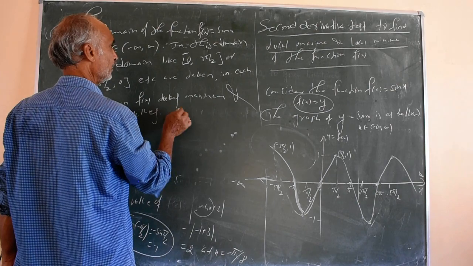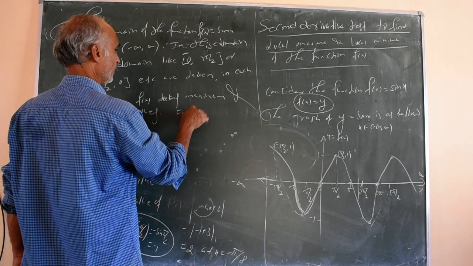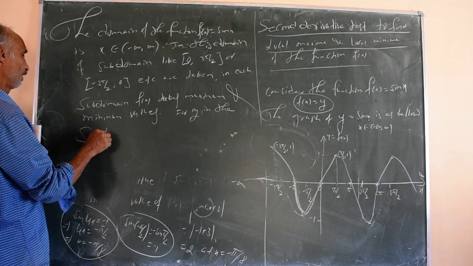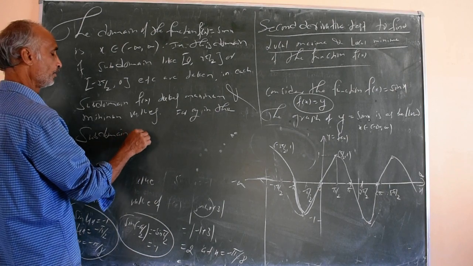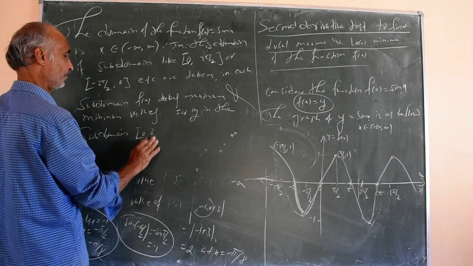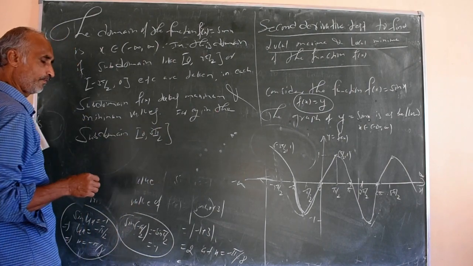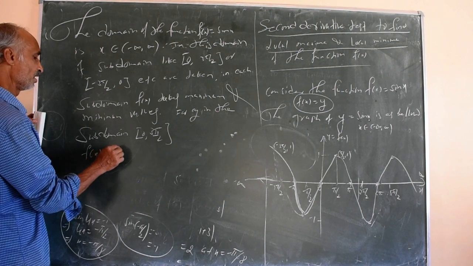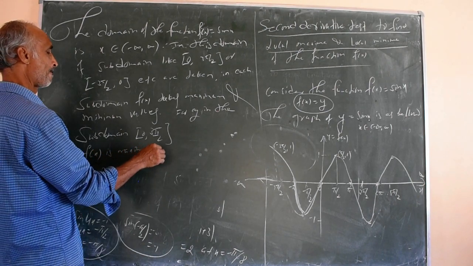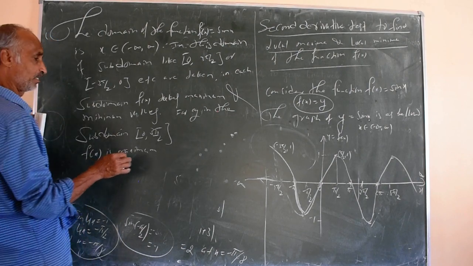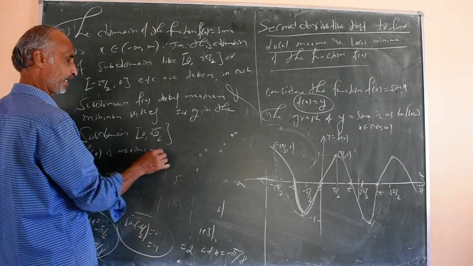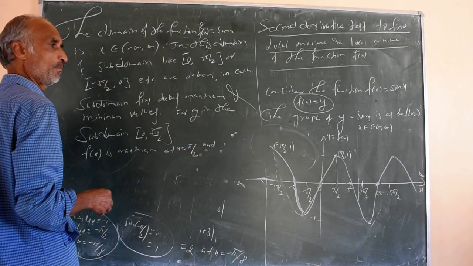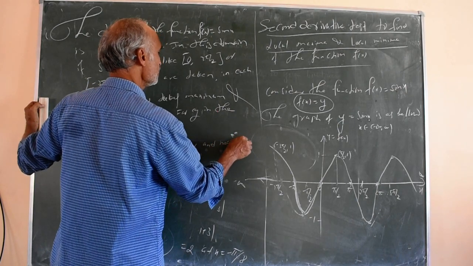Maximum value in the subdomain, for example, in the subdomain 0 to 3 pi by 2, f of x is maximum at... f of x means f of x is sin x. f of x is equal to sin x is maximum at x is equal to pi by 2 and maxima means maximum value.